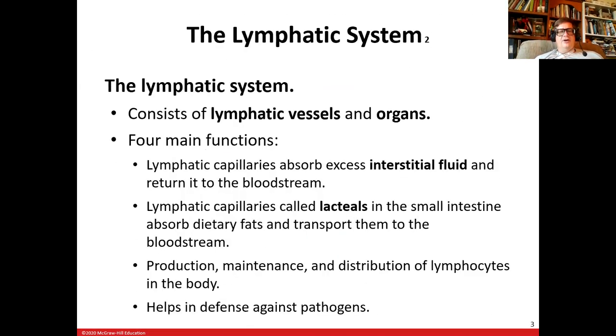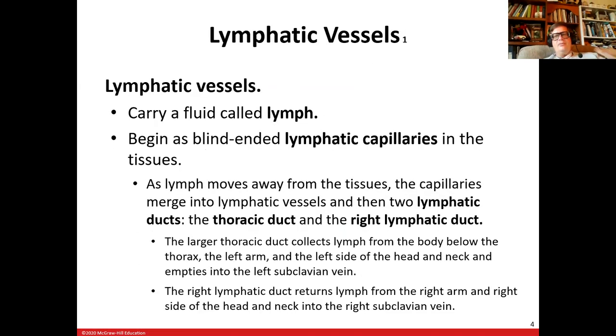All right, so imagine my hands are the wall of a lymphatic vessel. Those lymph capillaries are closed on one end. So say they're closed here. Now here we have a wall.